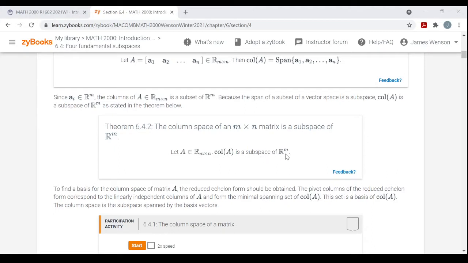Remember, this was the vector space with vectors with m real number components. All the columns of A would have m components, and any linear combination of those would also have m components. So the column space of an m by n matrix is a vector space, and it's a subspace of Rm. Again, very easy to show, so notice they don't even have the proof for it here because it's very simple.